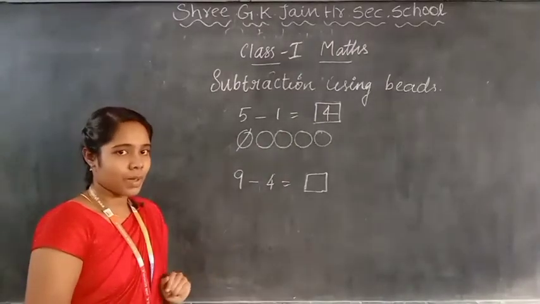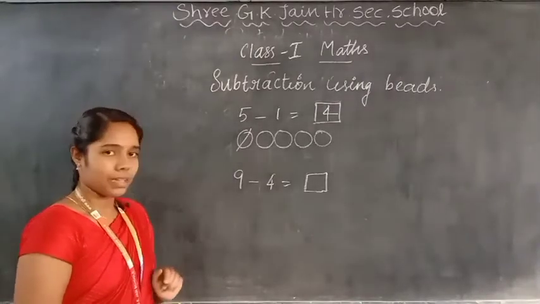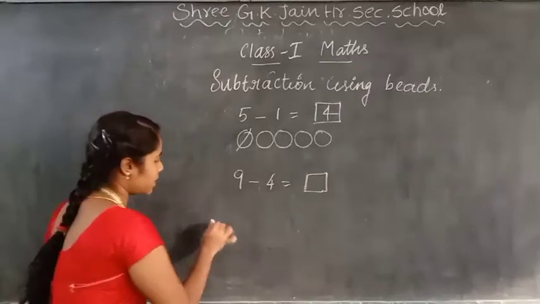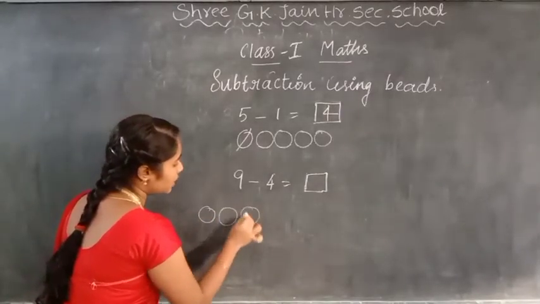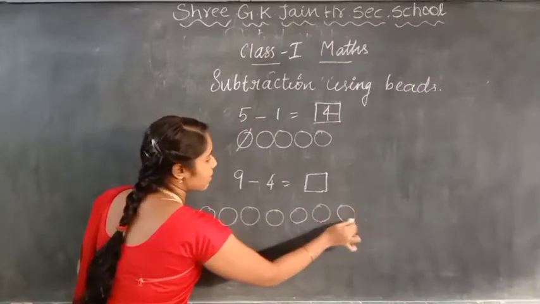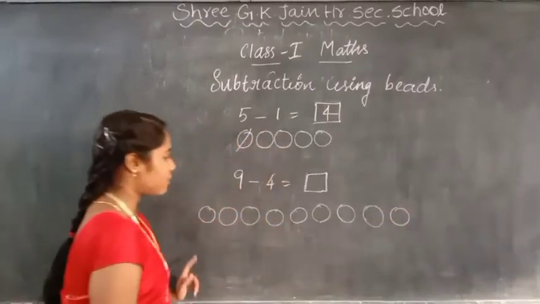So shall we see the next one? Now we are going to answer this. What is the bigger number here? 9. Right? So how many beads should we draw now? 9 beads. Shall we draw it? 1, 2, 3, 4, 5, 6, 7, 8 and 9. So we have drawn 9 beads.